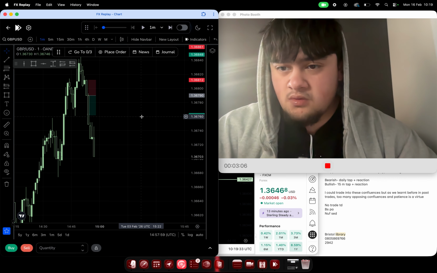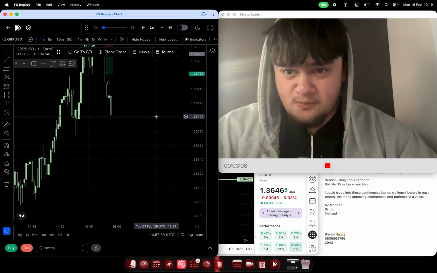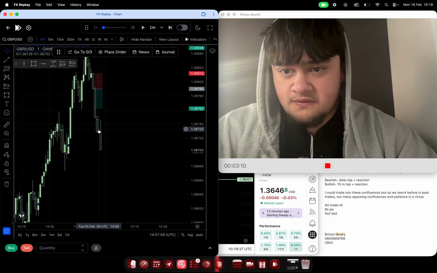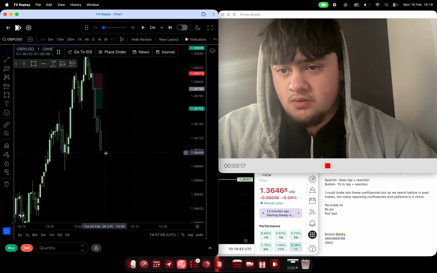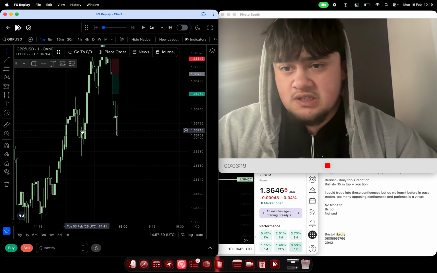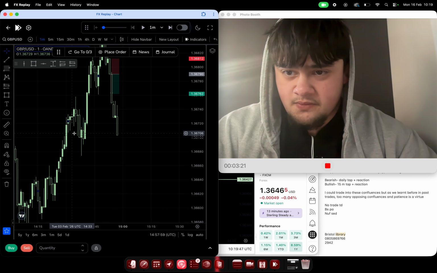Alright, now this was a fair value gap tap, and then this candle closed way below. Is it at opposing confluence?